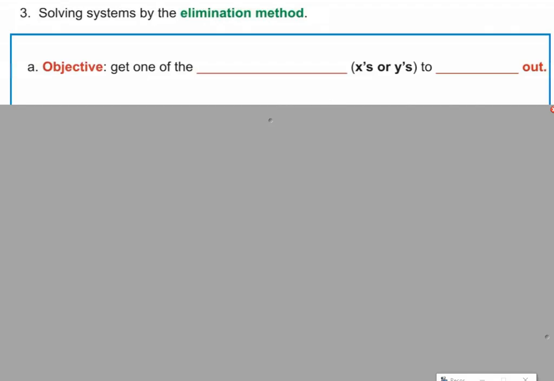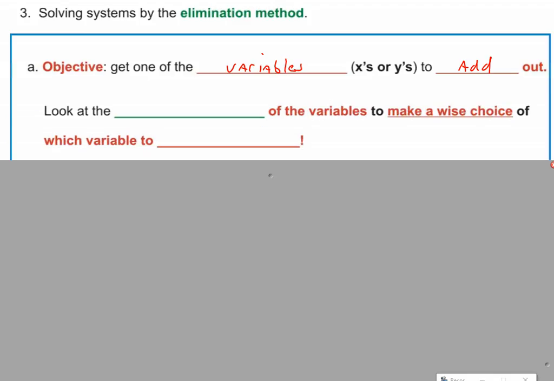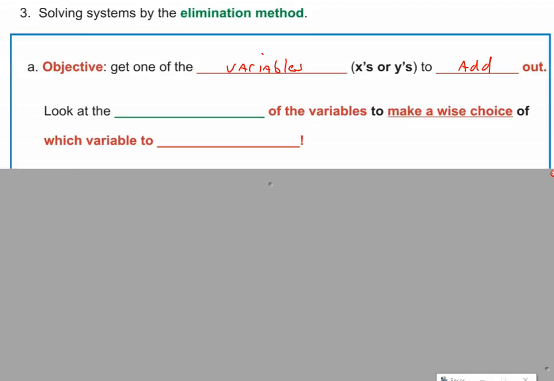So first thing is get one of the variables, and we always use x or y, but it doesn't have to be, to add out. That's what you're after. Get one of the variables to add out. So that's different. All right. How do you do this?